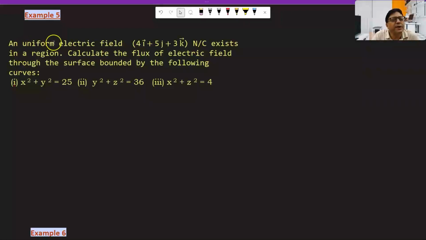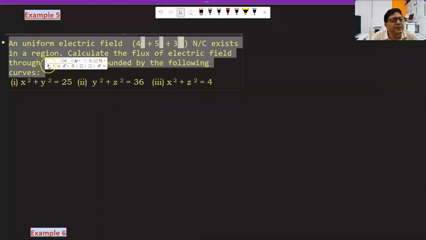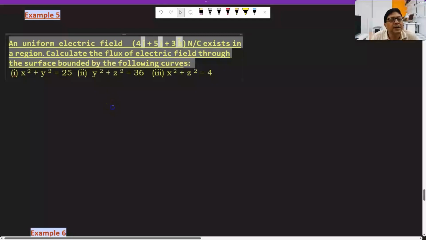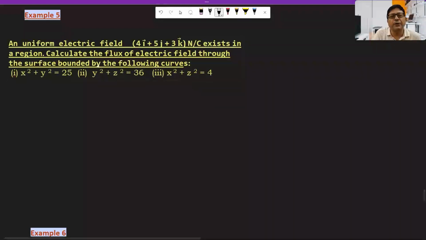Example 5. A uniform electric field of 4i, 5j, 3k newton per coulomb exists in a region. Calculate the flux of electric field through the surface bounded by the following curves.